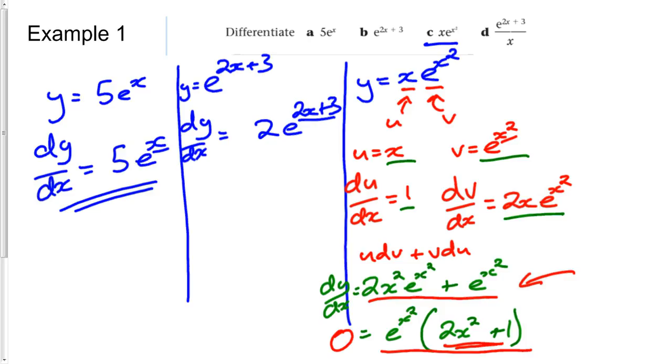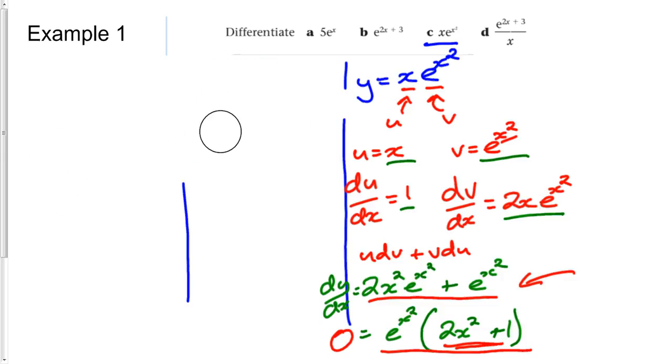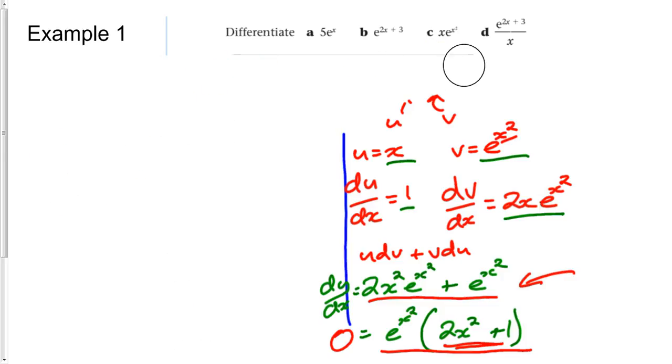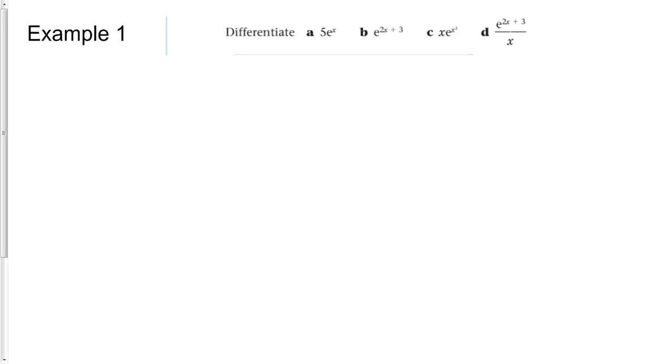Okay, the final example that we're going to have a look at is question D here. So we've got e to the 2x plus 3 over x. So the first thing to do is notice there's a quotient because we've got a function on top and a function underneath. So the function on top we're going to call u, so it's going to be e to the 2x plus 3.